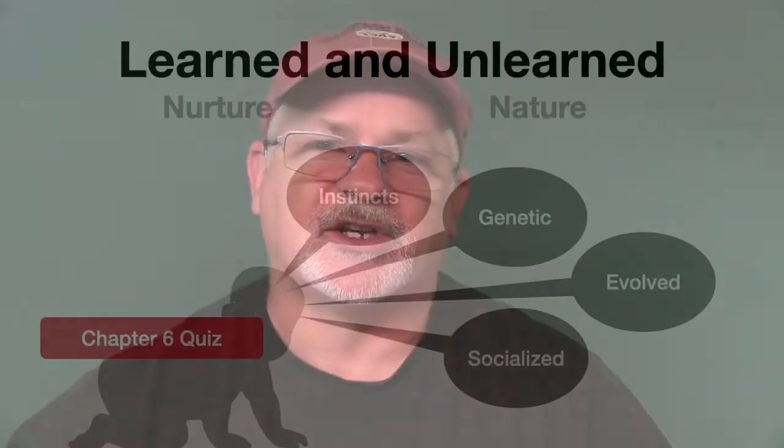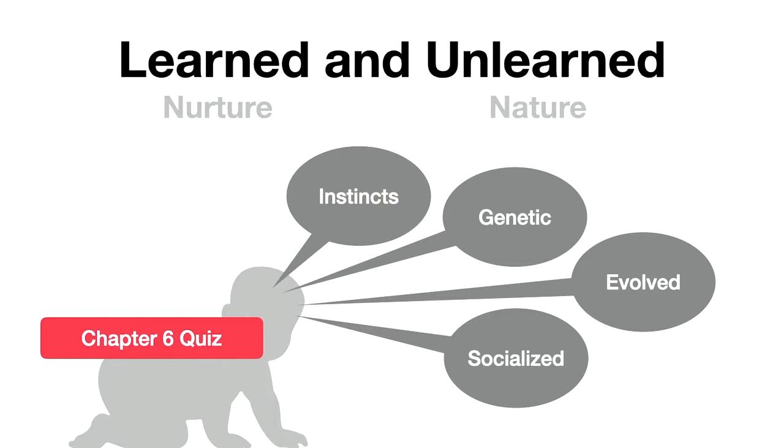So if we look at these other characteristics, we have genetic, which is the limits and abilities that we have built into our nervous system and our bodies, special particular aspects of our behavior that have been passed on within that genetic component through evolution, and of course the huge amount of information that we get from being socialized.